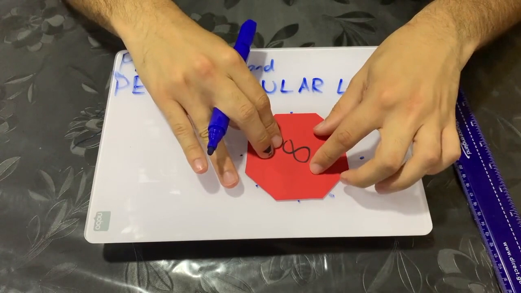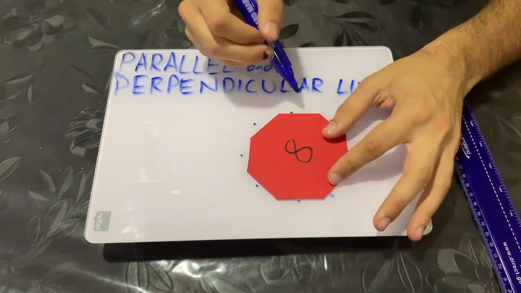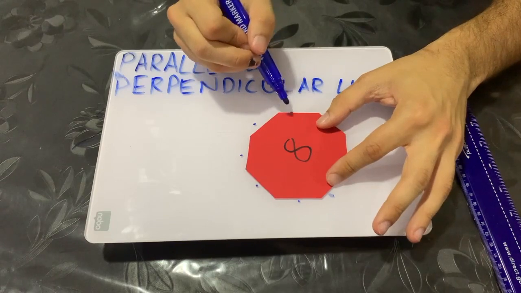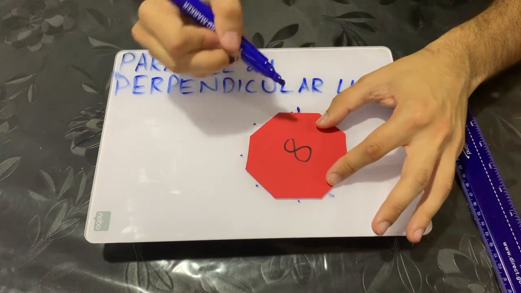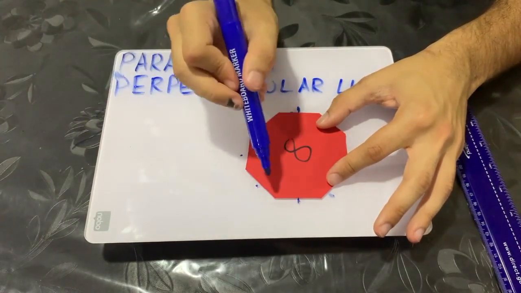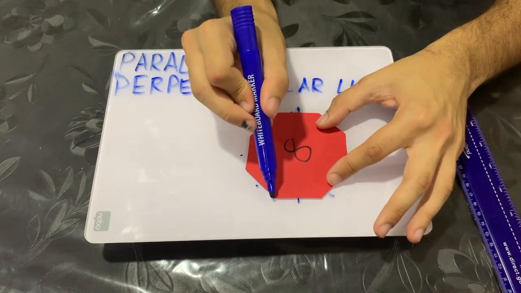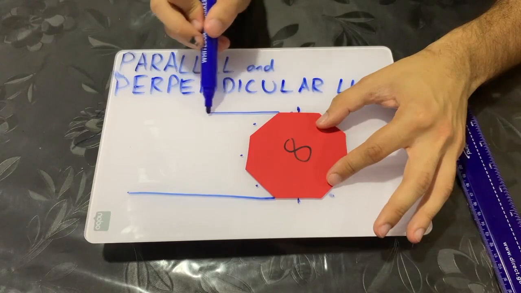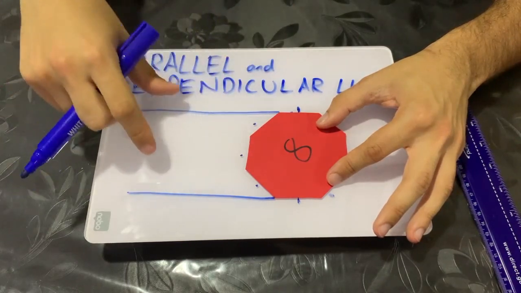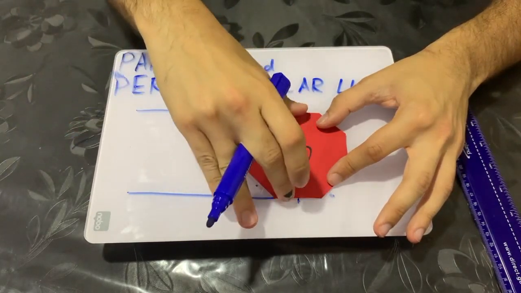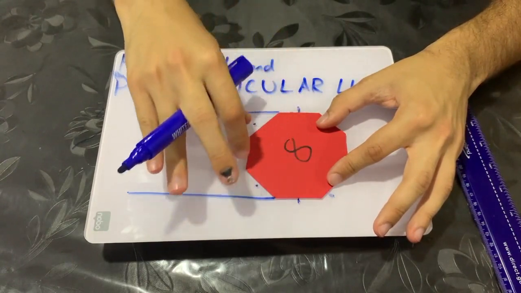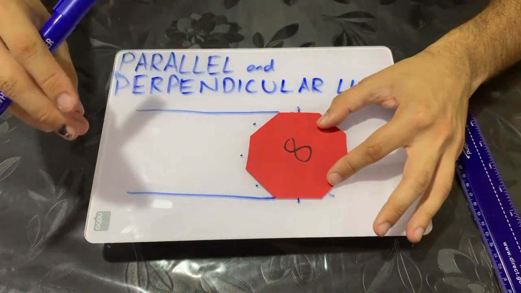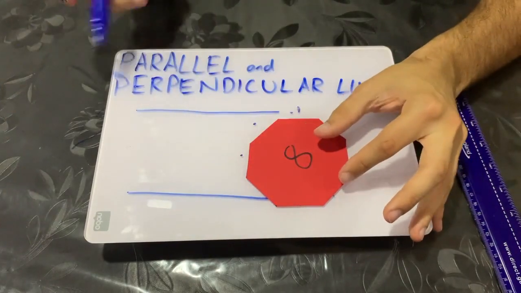So this has 8 sides. Now we're going to look at which lines are parallel. So opposite lines should be parallel. So this line and this line, if they keep going, I'm going to try and draw it as straight as I can. If it was to keep going, they wouldn't meet because they're opposite and all of the sides are equal, which means that if they kept going, they would never meet, and that means that they're parallel.